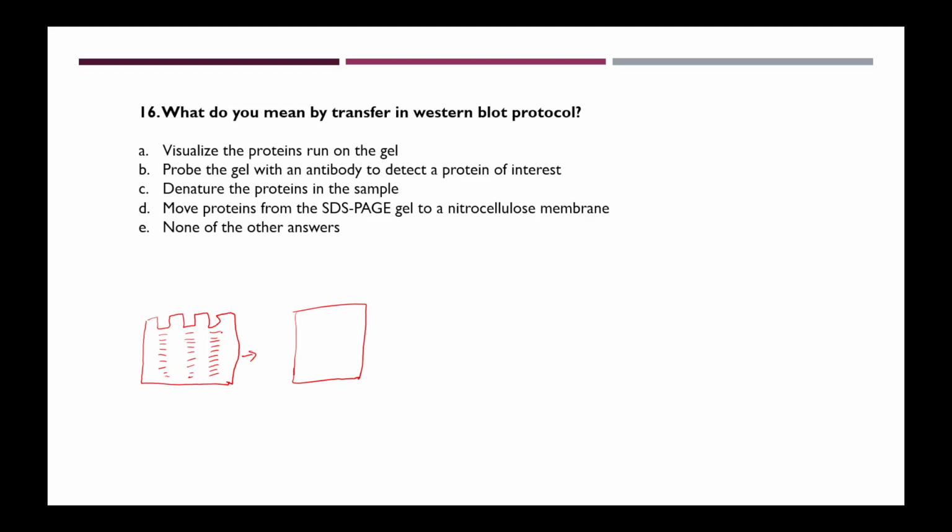All these proteins are negatively charged, so you move them towards the positive pole so that all the protein content from the gel is transferred to this membrane. Okay, everything is now transferred to the membrane.